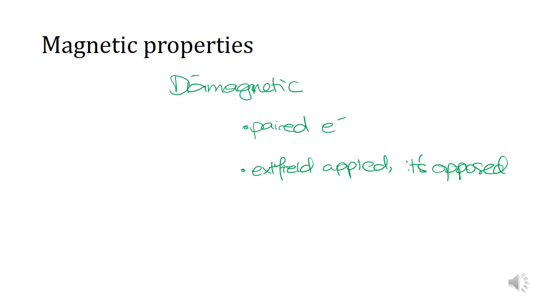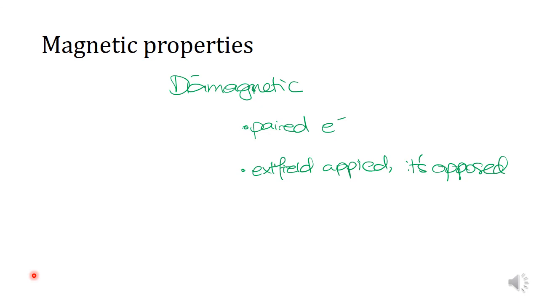So diamagnetic substances make the field weaker because those paired electrons oppose that magnetic field that's being applied. Again, all of these different magnetic properties come down to how the electrons are arranged.